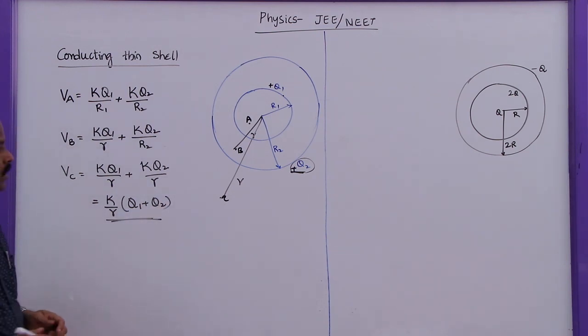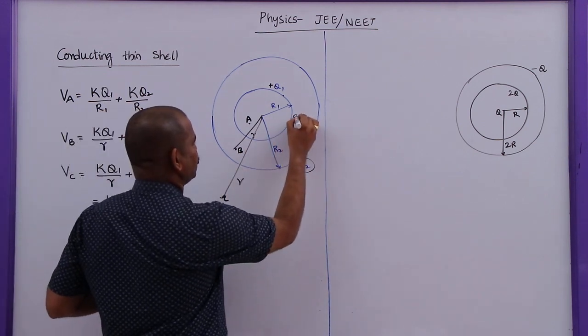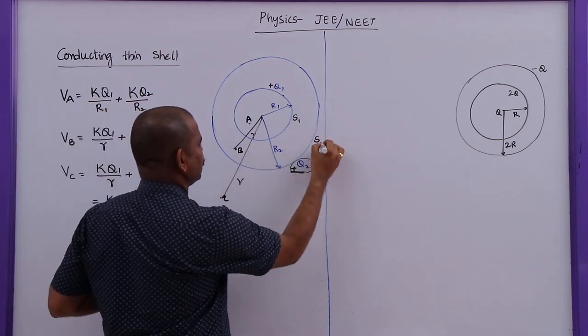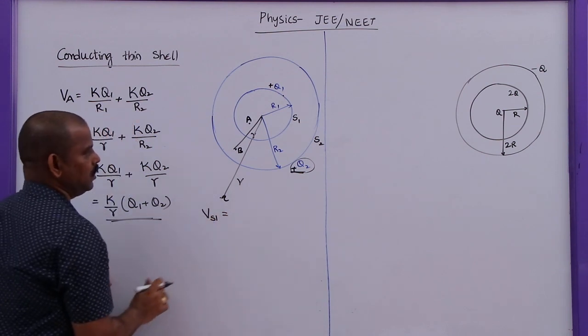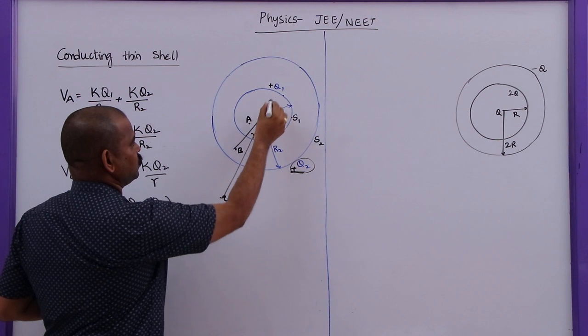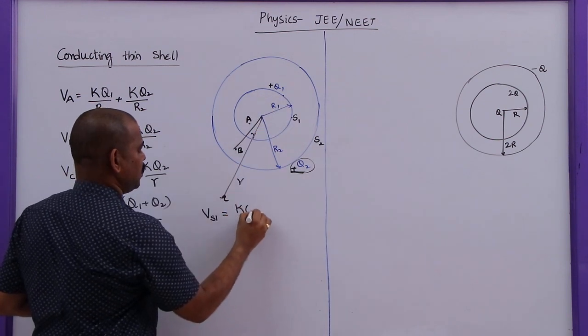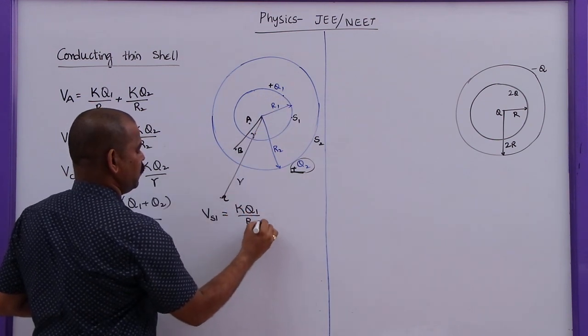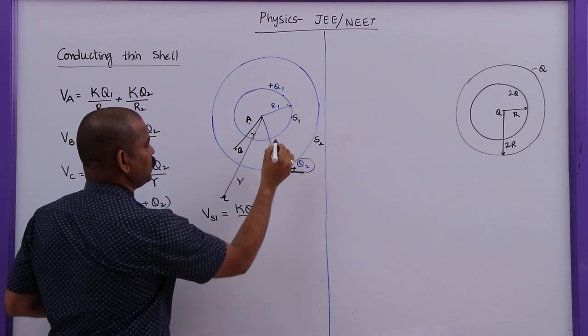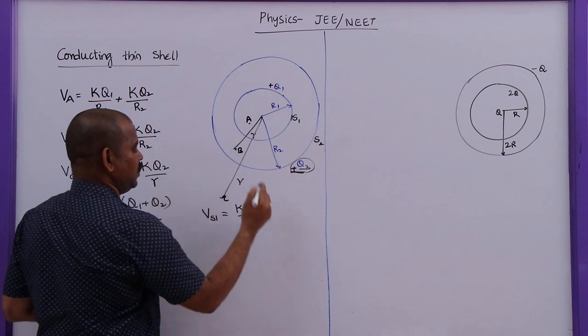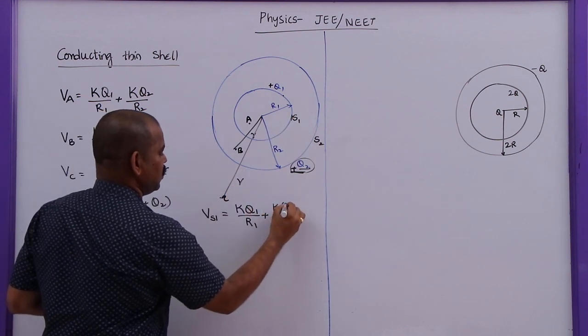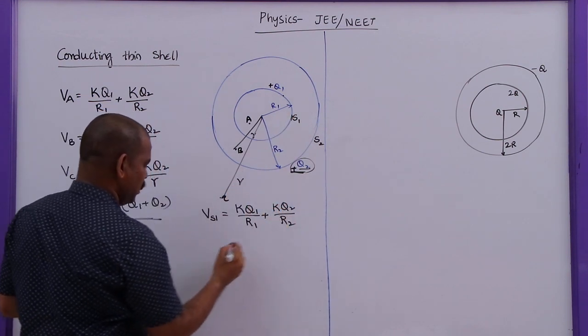Now if I want to find out the potential on the surface of the first sphere as well as on the second sphere, the potential on the surface of the first sphere S1, I can write, is due to this charge, which is given by KQ1 by R1, plus the potential on the first sphere due to this charge, potential on the surface equals potential on the inside. So this is KQ2 by R2.